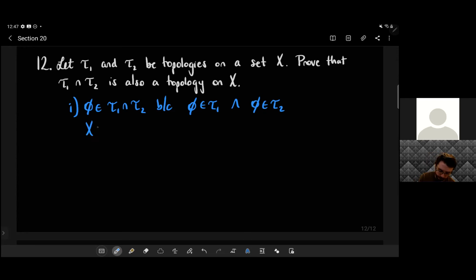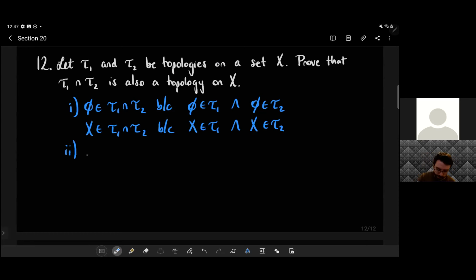Similarly, the entire space, X, same logic. Tau1 is a topology, so it has to have the whole space in it. Tau2 is a topology, so it has to have the whole space. So that works out just from definition.